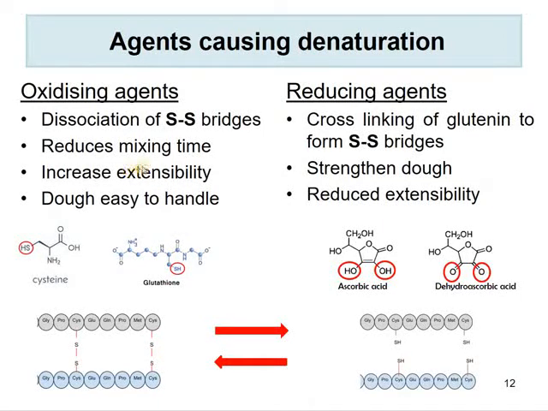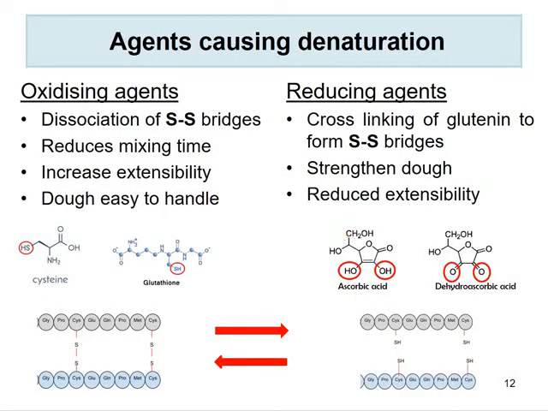So whether you add your reducing agents or your oxidizing agents depends on the type of end product that you want. Either way, the agent that is usually used is dihydroascorbic acid, which receives those hydrogens during the oxidation, and this will then form your strengthened dough that contains cross-linked sulfur or cysteine disulfide bridges.